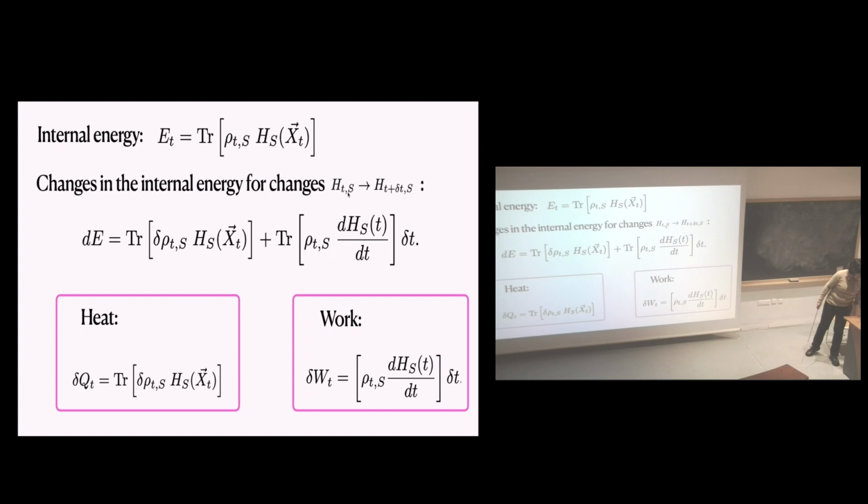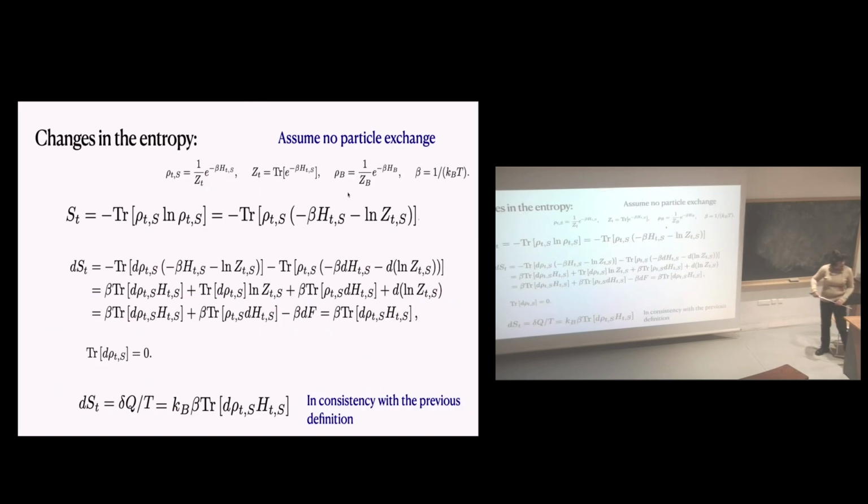To further support the fact that the first term can be identified as heat, we can directly calculate the change in the entropy under this process. We start with the von Neumann entropy. Here it's not indicated, but I put the Boltzmann constant equal to 1.